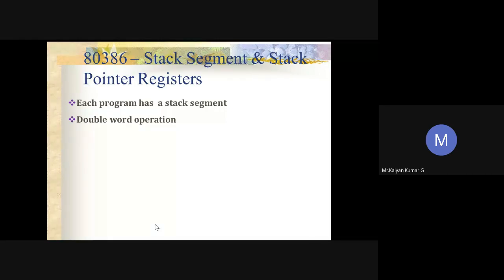When data is stored on the stack, the value of ESP will be decreased by 4, because the 386 processor always writes a double word, or 4 bytes. So it will be either auto incremented or auto decremented by 4. You have to remember that.